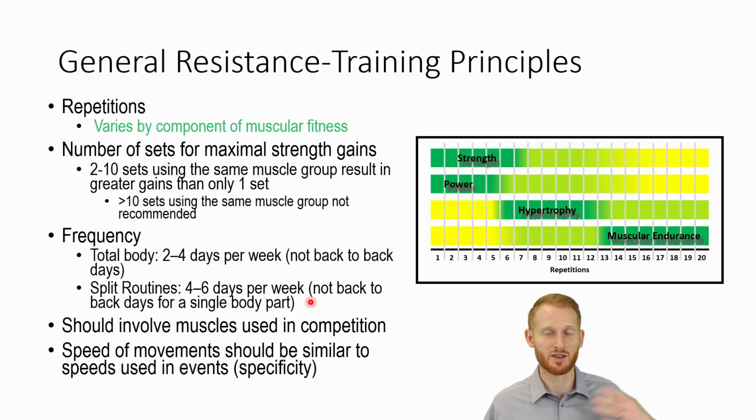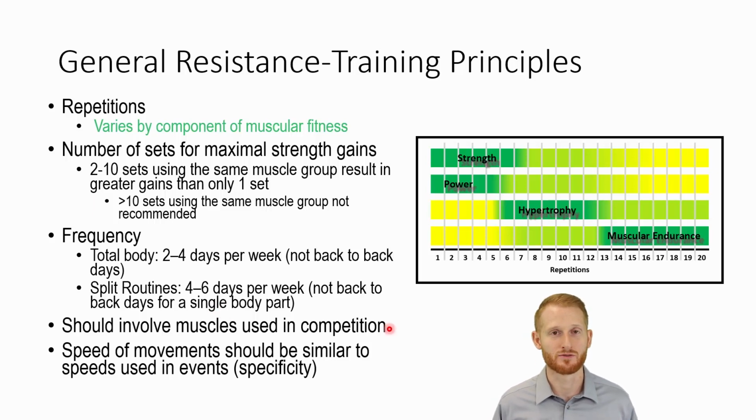So if you're doing, let's say, an upper body and a lower body split, you can train the lower body on Monday, the upper body on Tuesday, so that you just went 2 days in a row, but different muscle groups. And then you come back to the lower body on Wednesday, back to the upper body on Thursday, and you can do it like that. And so you can increase to 4 to 6 days per week if you do a split routine without ever training the same muscle group 2 days in a row.